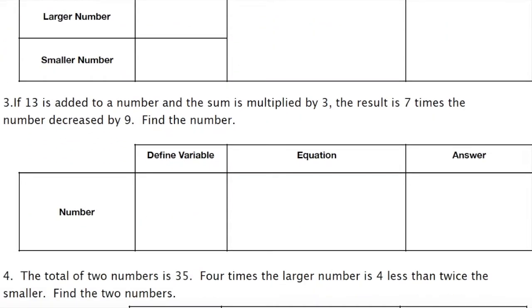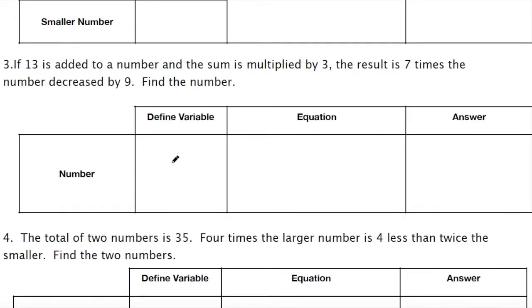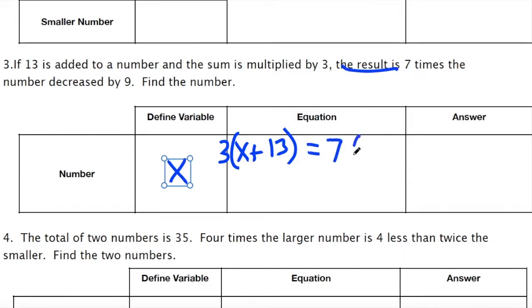The other one I'll help you set up is number 3. It's a single number problem, so it's pretty easy to identify that our x is going to be the number that we don't know. And then it says if 13 is added to the number, so x plus 13, and then the sum is multiplied by 3, then the result is, that's equals 7 times the number, which is x, 7 times a number, and then decreased by 9, minus 9.